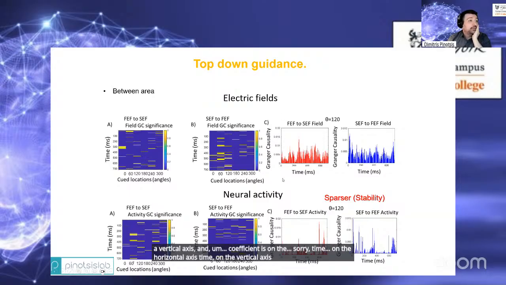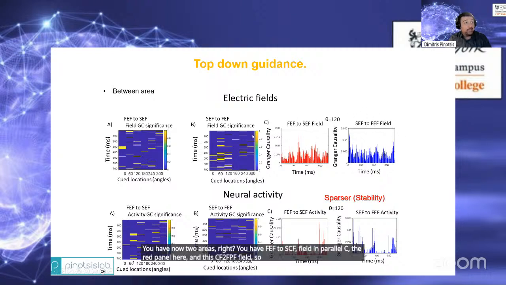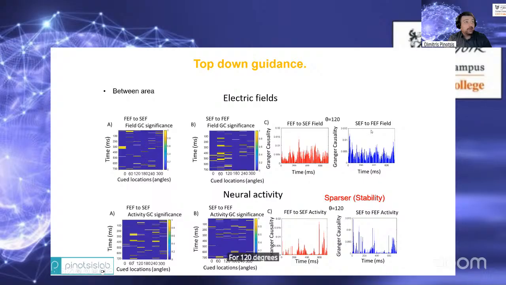What you see here is that essentially you have now two areas, right? You have FEF to SEF field in panel C, the red panel here, and SEF to FEF field. So the top panels here for the same memory ensemble for 120 degrees, you have this panel C, and then you have neural activity at the bottom.